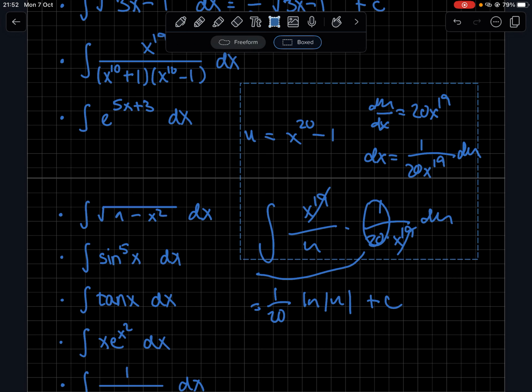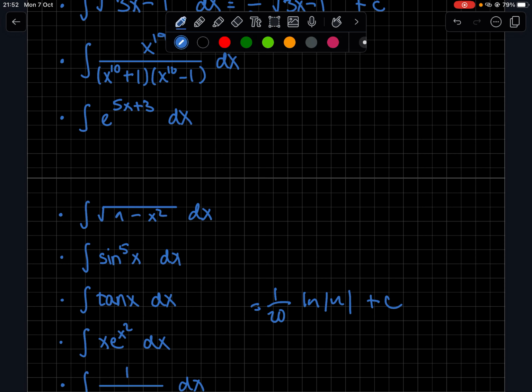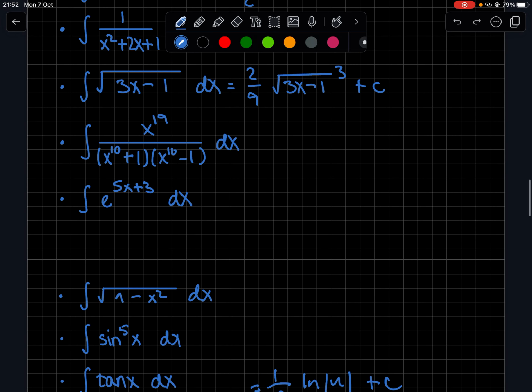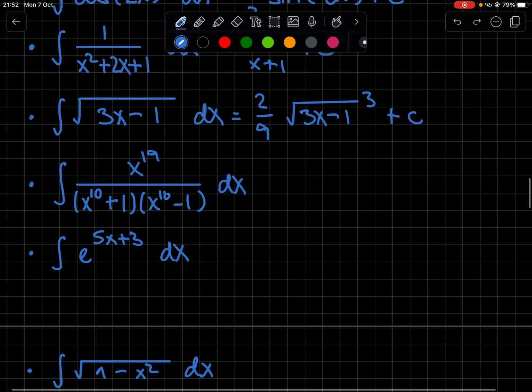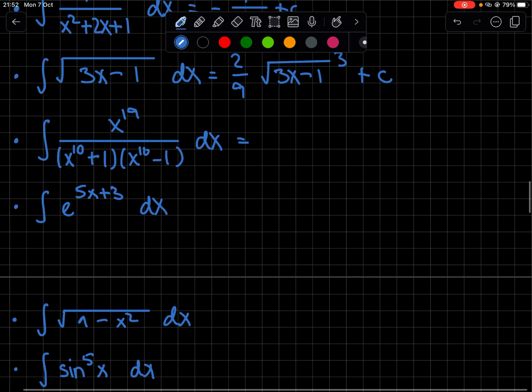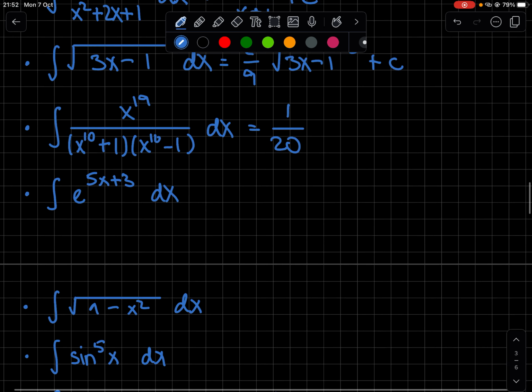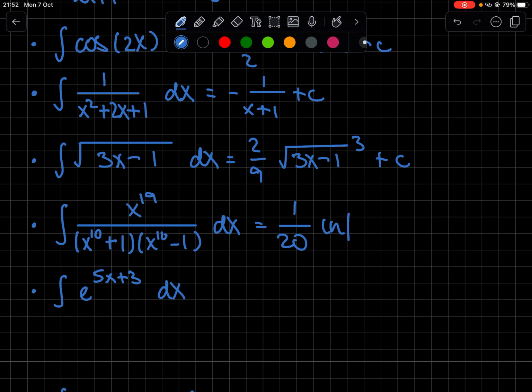And then we're just going to take this and replace u by x. So we get 1 over 20 natural logarithm, and then we have u. Well, u equals x to the power of 20 minus 1. So that's also equal to x to the power of 10 minus 1 times x to the power of 10 plus 1.